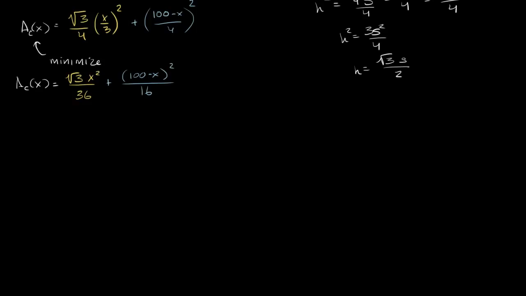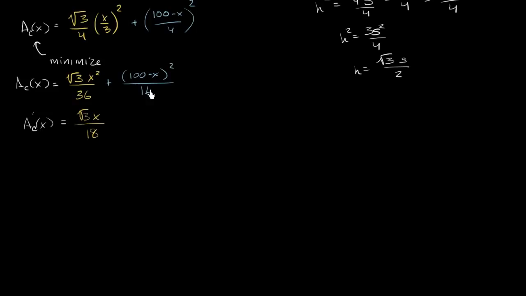Now let's take the derivative of this. So A prime, the derivative of our combined area as a function of x, is going to be equal to, well, the derivative of this with respect to x is just going to be square root of 3x over 18.